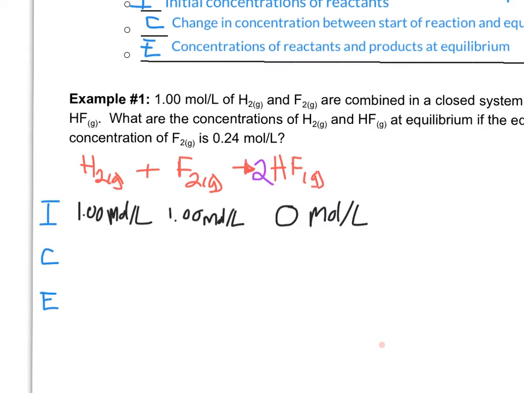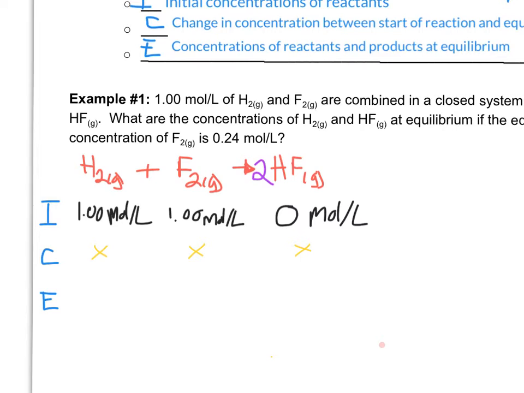The next part of our ICE table is C, our change in concentration from the beginning to when equilibrium is reached. What we do is we use an X to denote that. So we say that our change is going to be an X here, and an X here, and an X here.